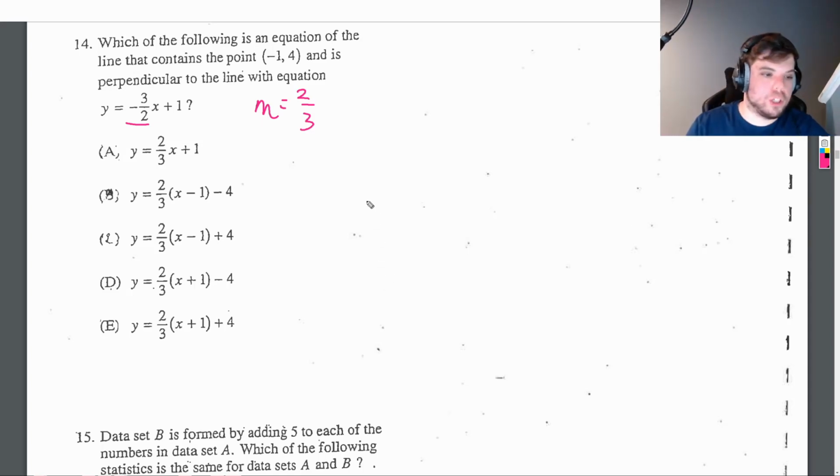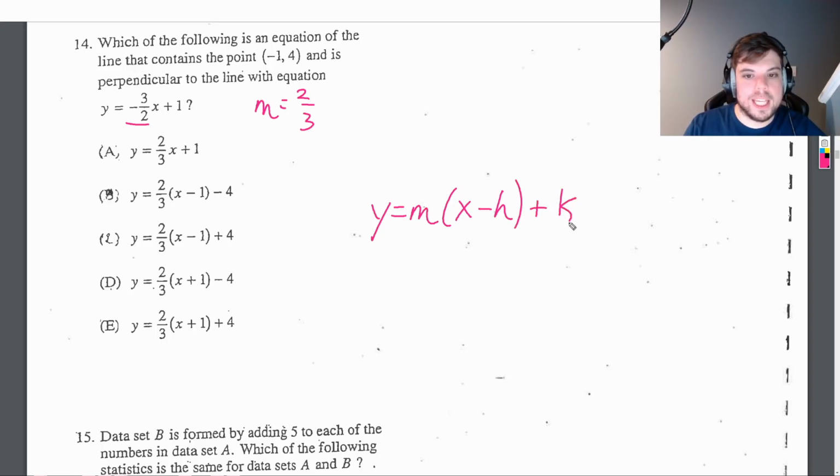For a linear function, that vertex form looks like y equals the slope m times x minus h, where h is the horizontal displacement, plus k, where k is the vertical displacement. Oh, so E fits this.